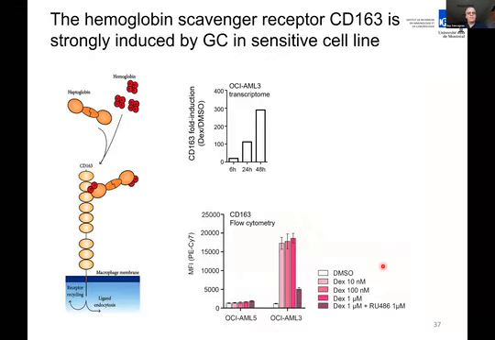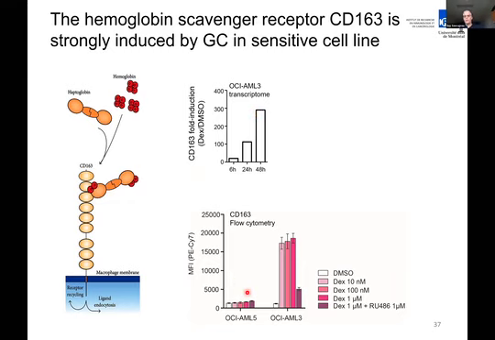Now, this suggests that this impact might be linked to macrophage differentiation. And there's one gene in particular, which is CD163, which can be used obviously in screening conditions. And you see here fold induction upon DEX treatment in these cells.